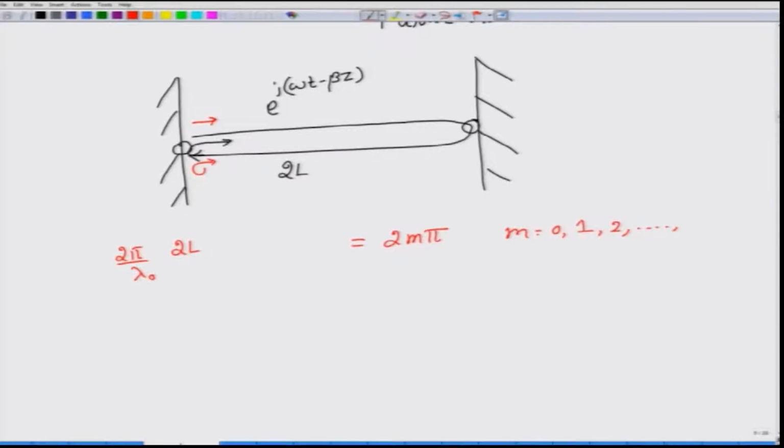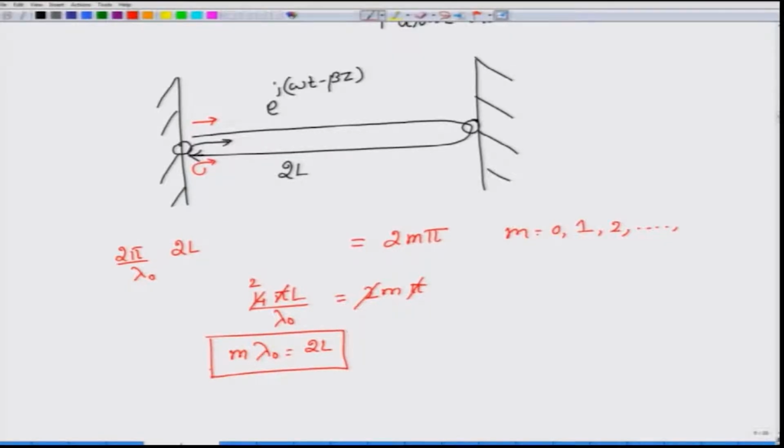This can be rewritten as 4 pi L by lambda 0 equals 2 m pi. Pi on both sides cancels, 2 on both sides cancels, and what you see is that lambda 0 times m must be equal to 2L. This is interesting.